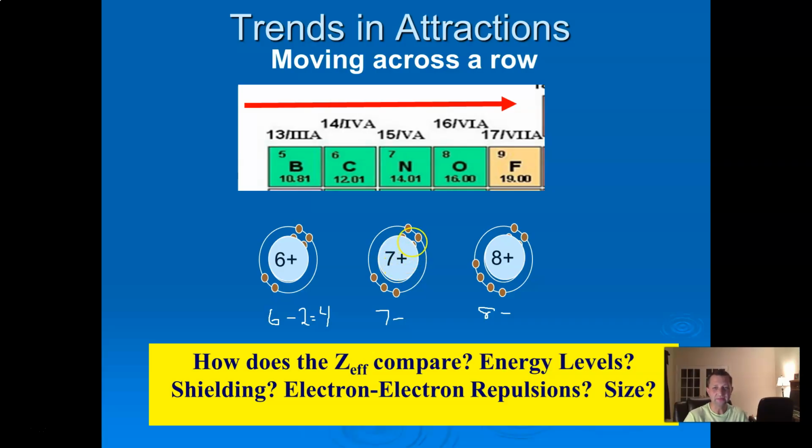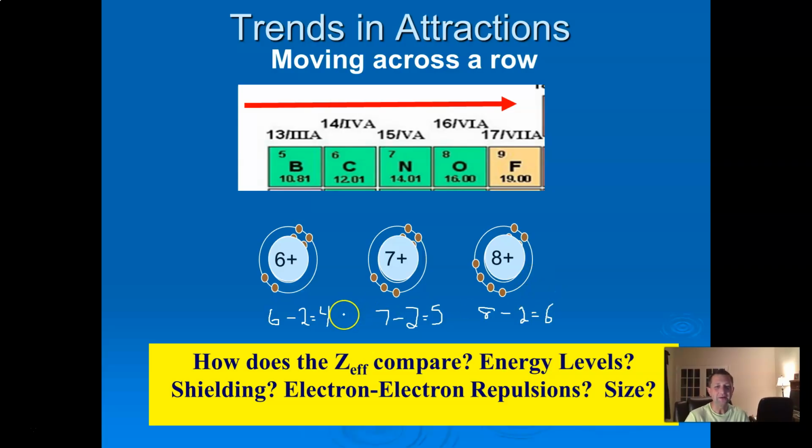So here you have 7 minus 2 gives you 5, because we have 2 shielding electrons and we have 5 valence electrons there. And then we have our 8 minus, again, 2 shielding electrons, gives you 6. So the Zeff of carbon is 4, the Zeff of nitrogen is 5, and the Zeff of oxygen is 6.